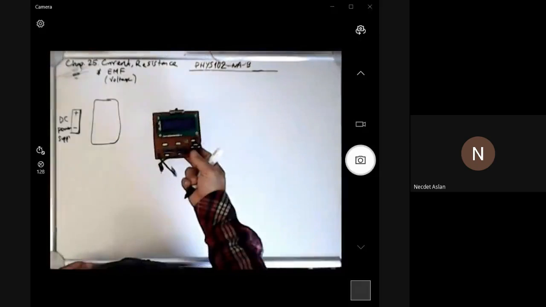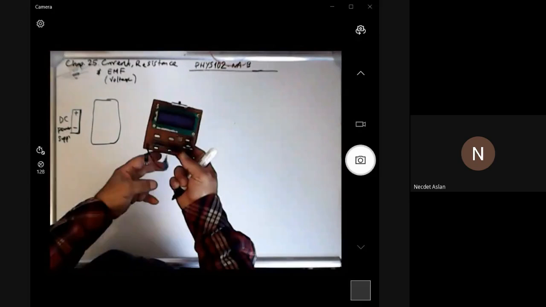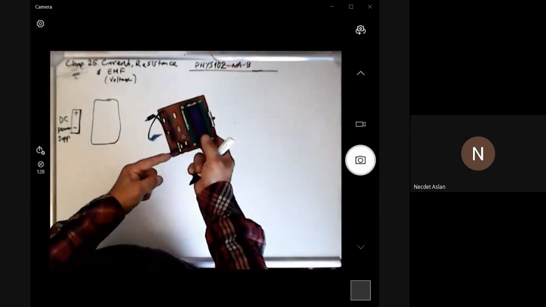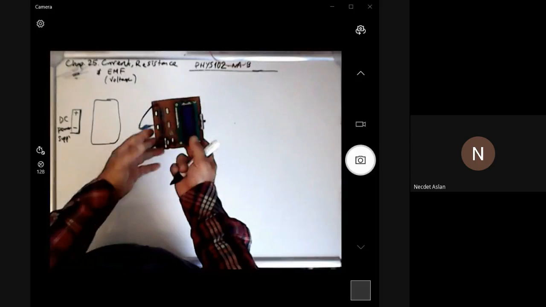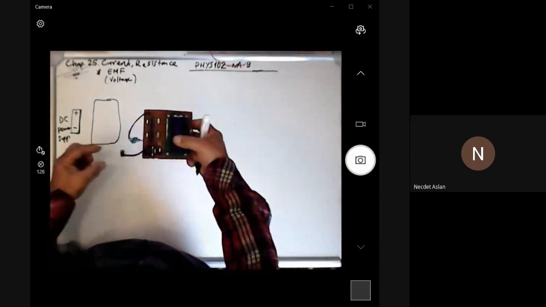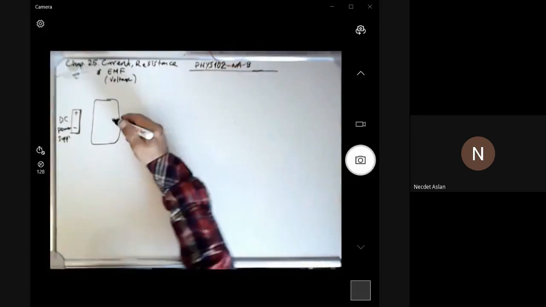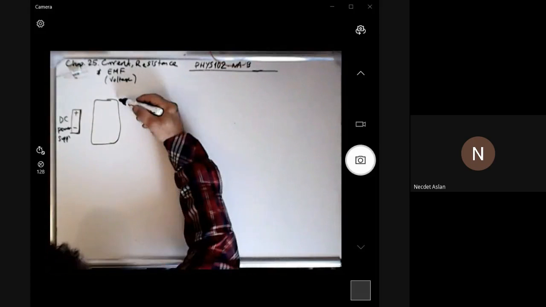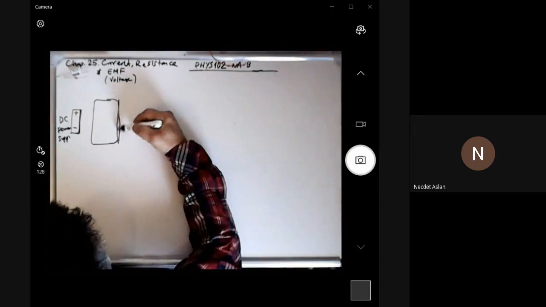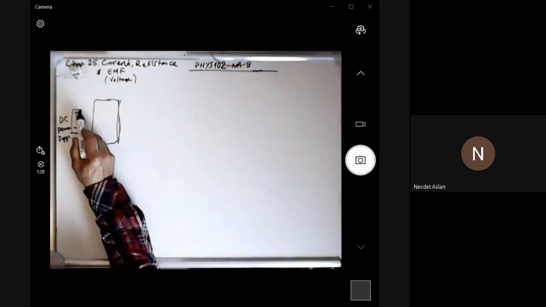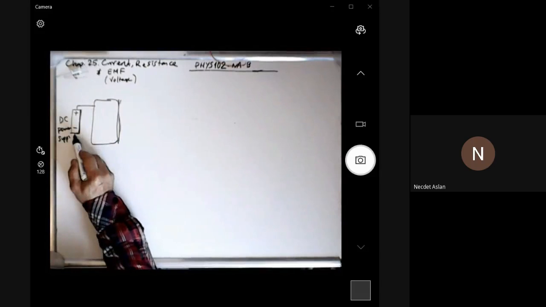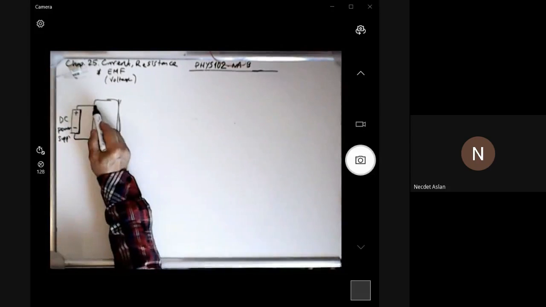Now it has a power inlet right there. So whatever circuit you have doesn't matter, but it will have some kind of inlet. We are not interested in what kind of circuit you have here, but what you have is that you connect the terminals of this power supply to the circuit.